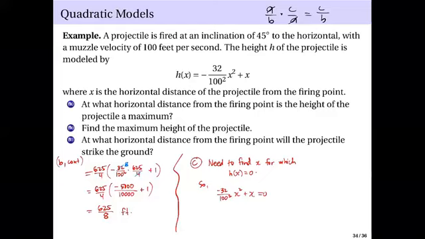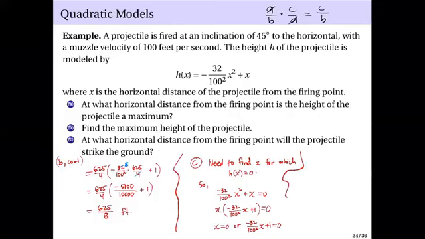You can factor out x, and you will get x times negative 32 over 100 squared x plus 1 equals 0. So either you have x equals 0, that's actually your starting point, or you got here negative 32 over 100 squared x plus 1 equals 0.